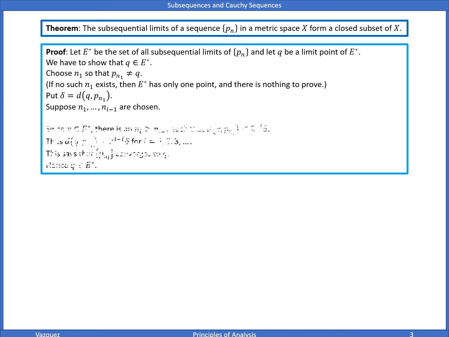Suppose n sub 1 to n sub i minus 1 are chosen. That's going to be clear as to why we're choosing them.